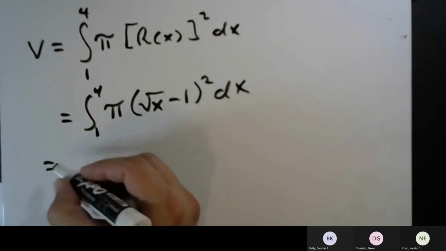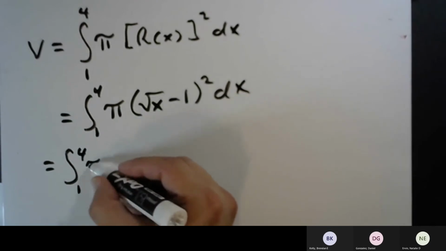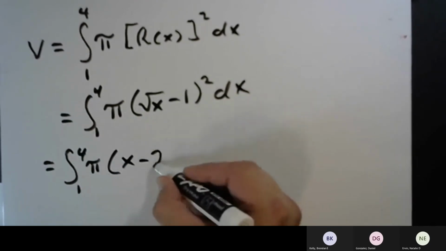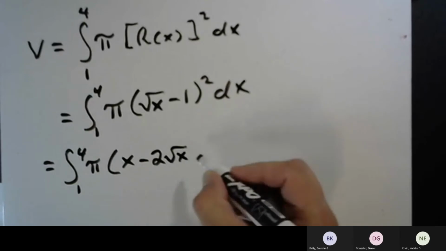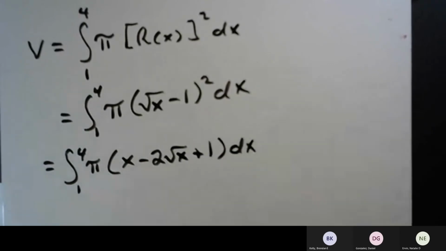And so that's going to give us the integral from 1 to 4 of pi times x minus 2 root x plus 1 dx.